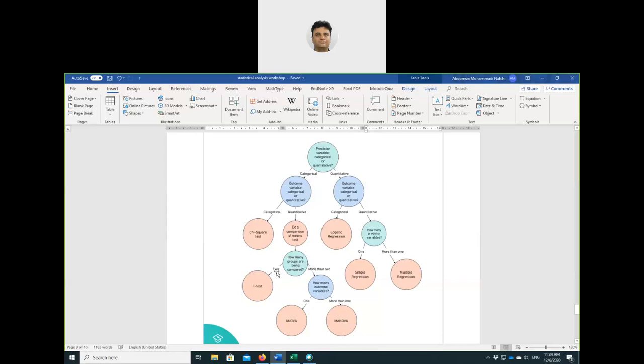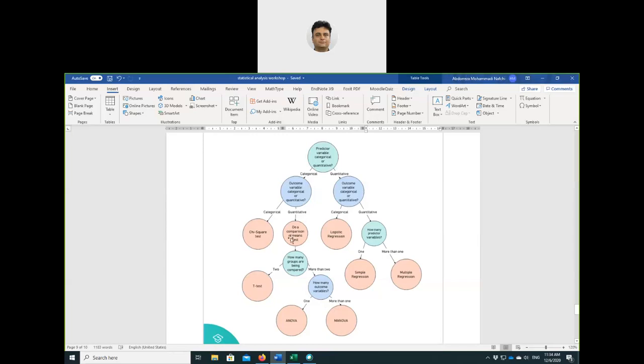If two groups, we choose the t-test. If more than two groups and one outcome variable, we use ANOVA. If the outcome variable is more than two, it's better to use MANOVA, multi-way analysis.